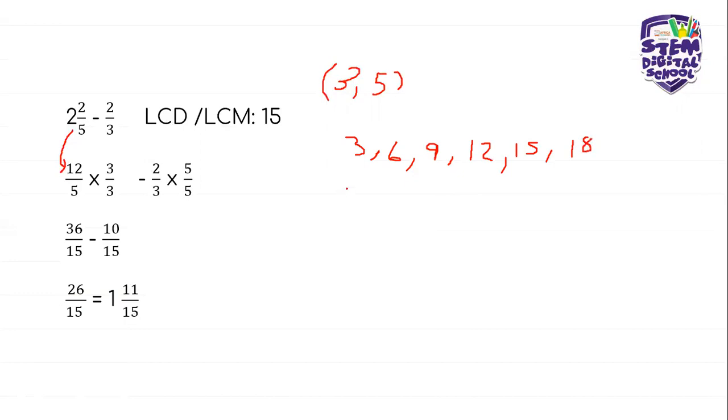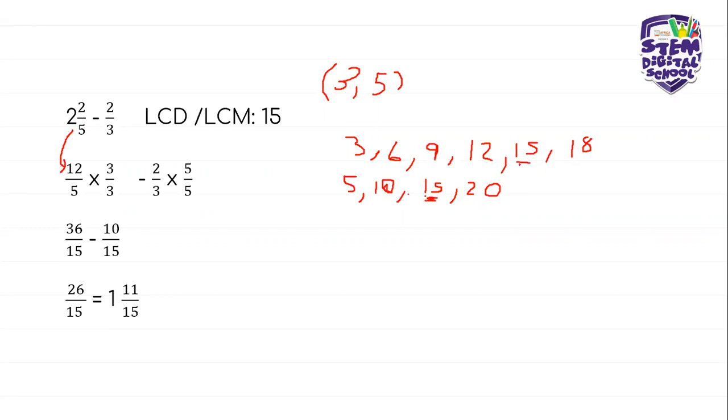And then I've got 5: 5, 10, 15, 20. So which is the lowest number which is common in these sets of multiples? It's 15.